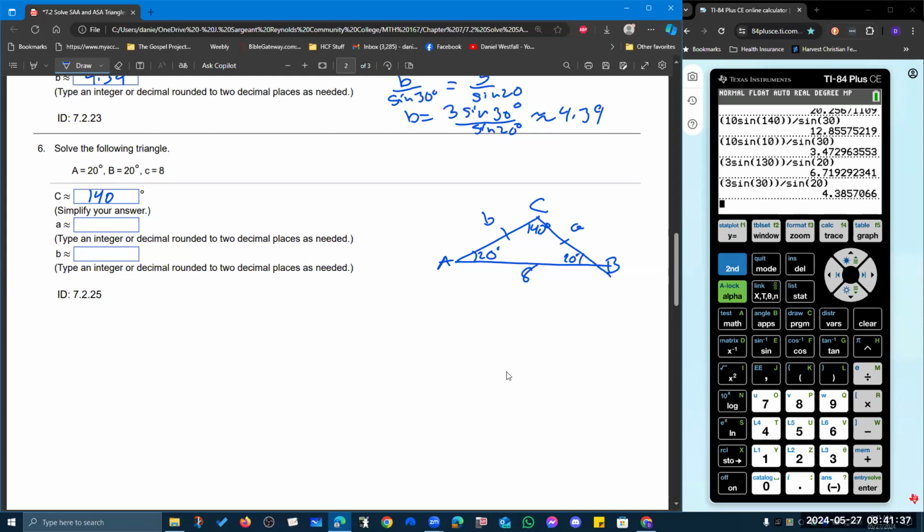So A is to sine of A as C is to sine of C, and A equals 8 sine of 20 degrees over sine of 140 degrees.